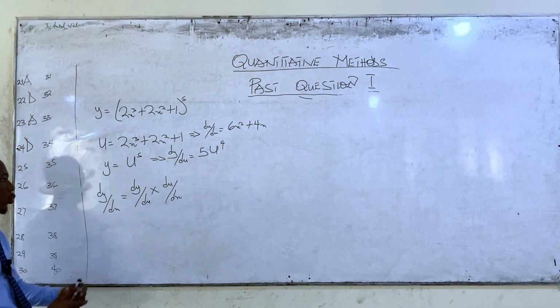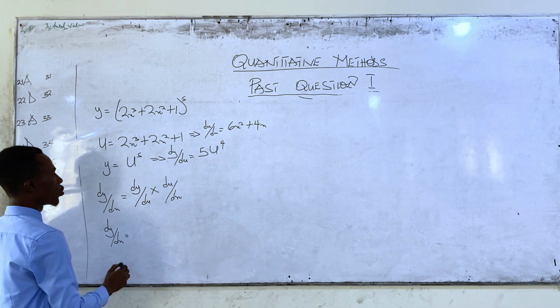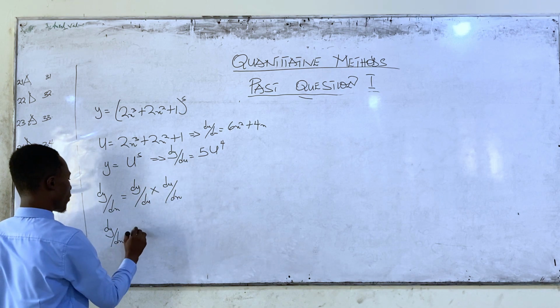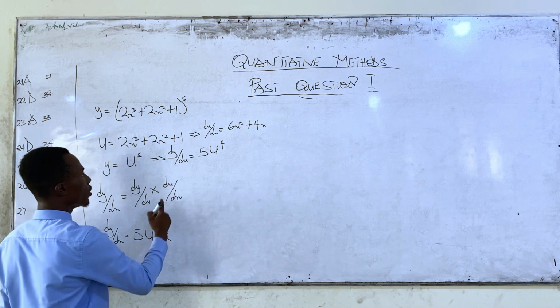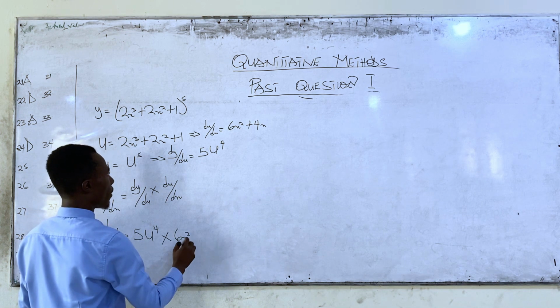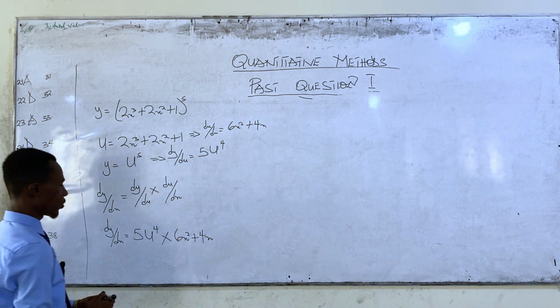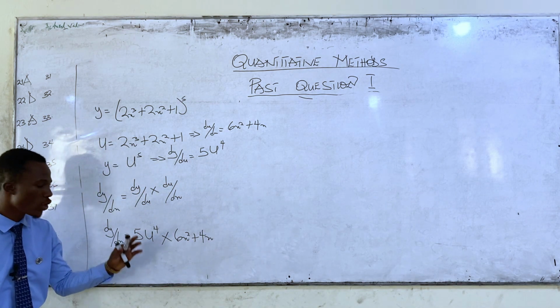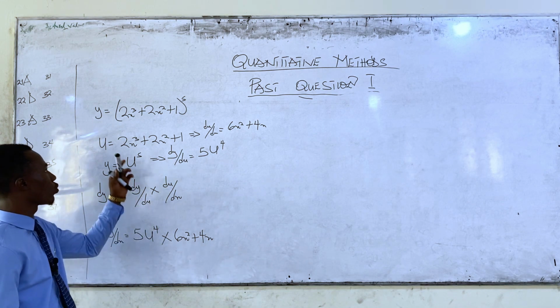So since we have the two, we just say dy dx is equal to dy du, which is 5u exponent 4, multiplying du dx, which is 6x squared plus 4x. Now, since you have gotten here, you know that from the question, you were not given u, you were the one who introduced it.